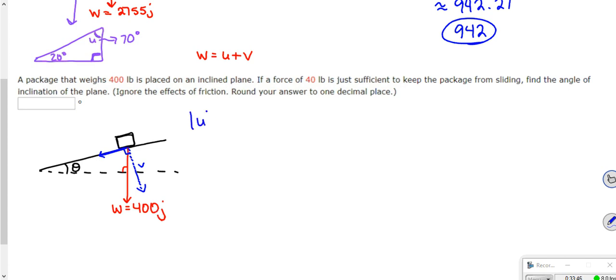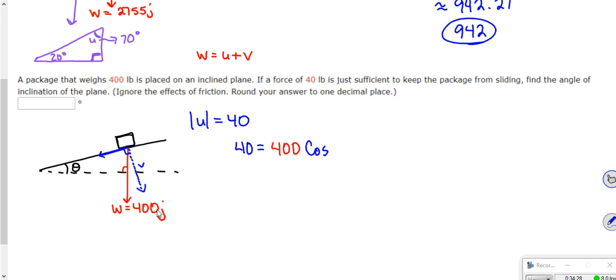That's magnitude or force, whatever you want to call it. So the magnitude of U is 40. Now we know from the one up above that the magnitude of U equals 400, that's the weight. Actually, let me write it in red because that's what I wrote my weight in. It's 400 cosine theta. Nope, actually, let me back up. It's not theta.